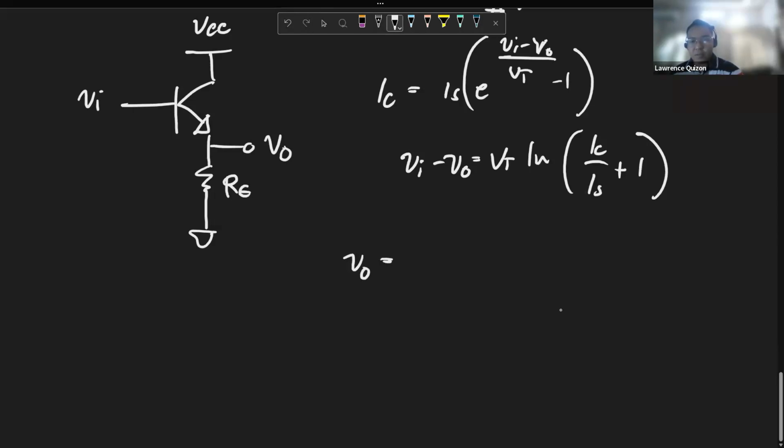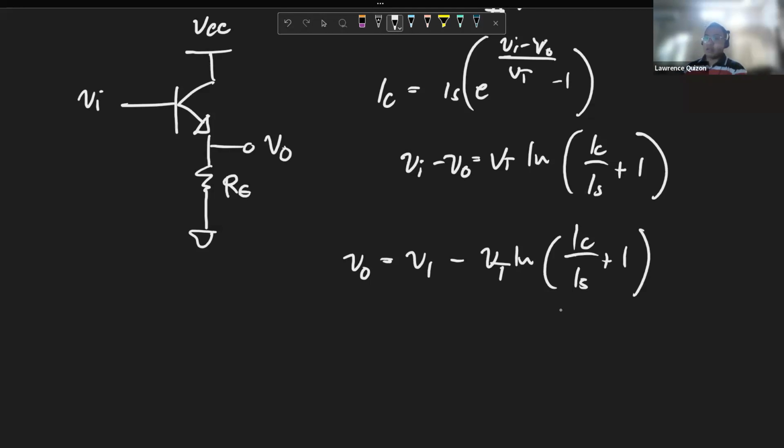So then we can express V out as V in minus VT ln IC over IS plus 1. But we don't know IC, no?